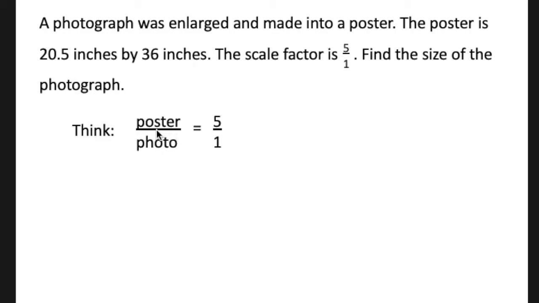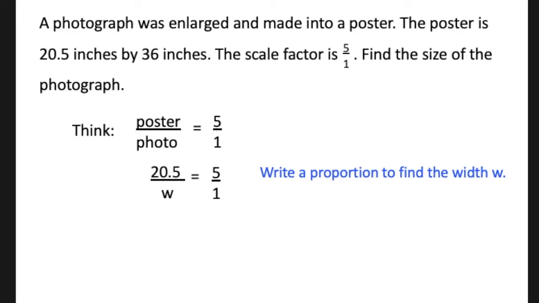Instead of 36, we use the width size. So now we know the width for the poster is 20.5. We don't know the width for the photograph, but we know the scale factor is 5 to 1. We do a similar thing, expressing it into a proportion, which would be the width 20.5 and the width of the photograph, which we don't know. We put W there using the scale factor.